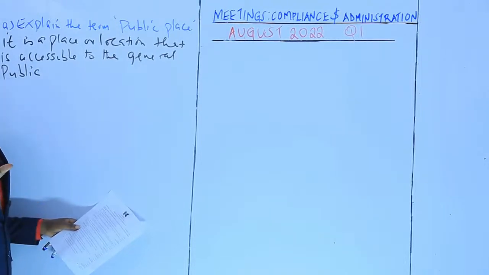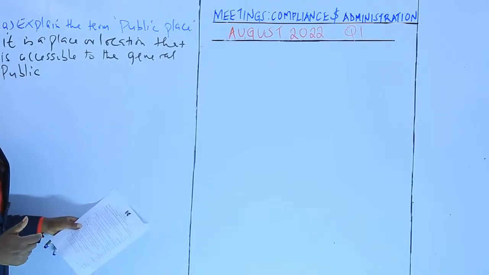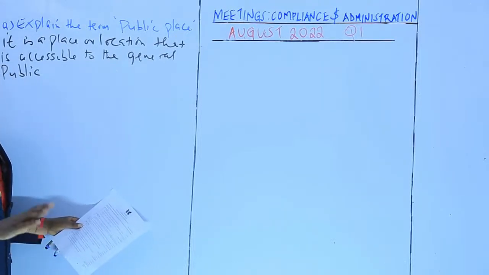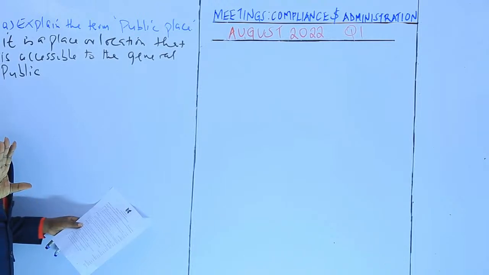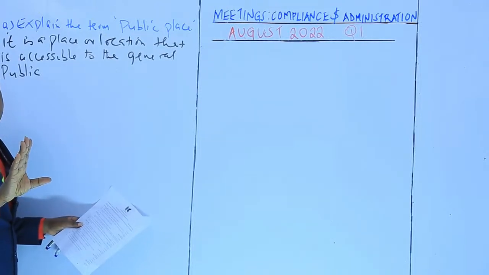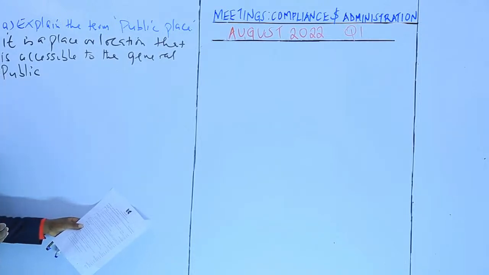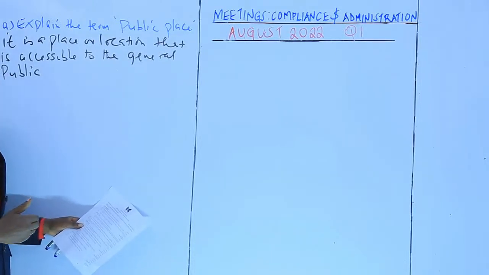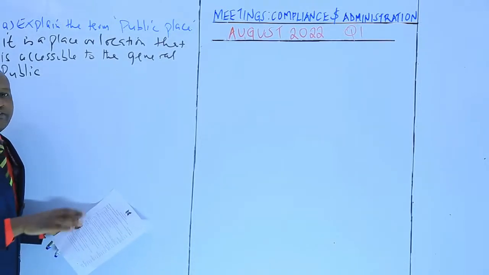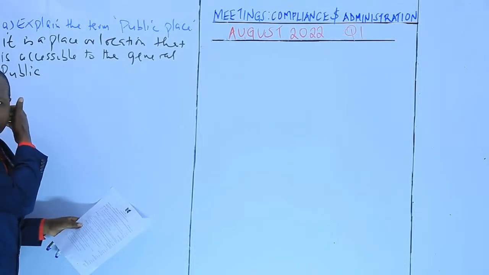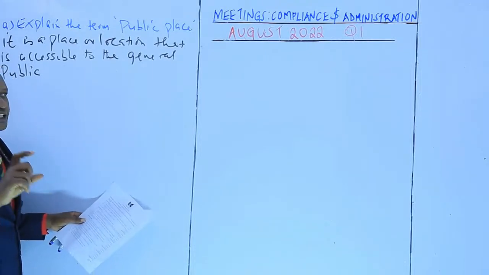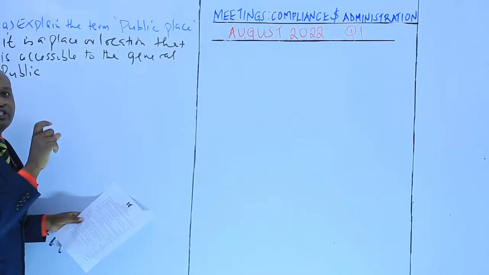So that is a public place. It's not like in my compound where the general public have no reasonable access. Private homes are not public places because such places are not accessible to the general public.